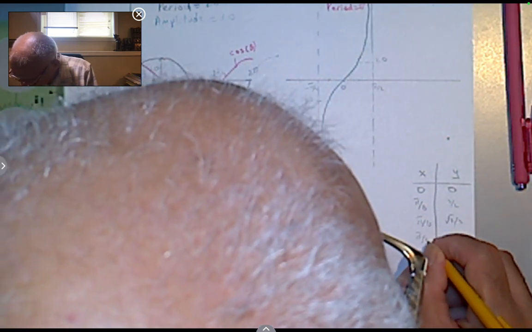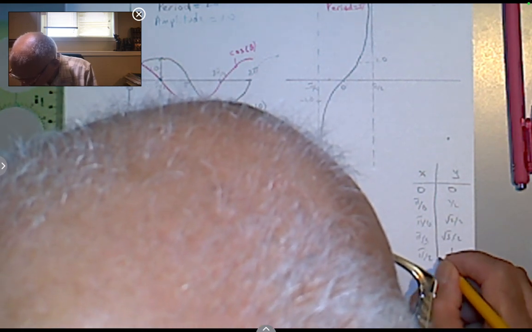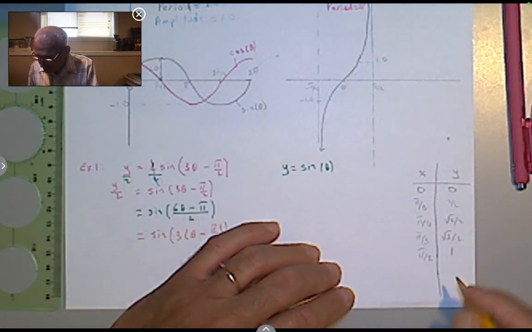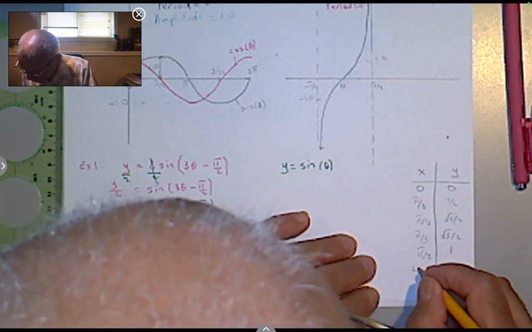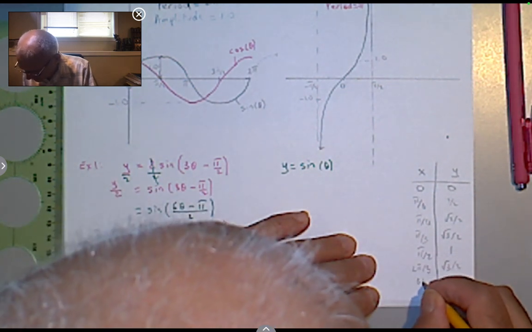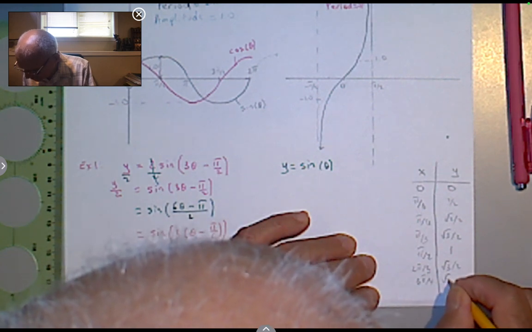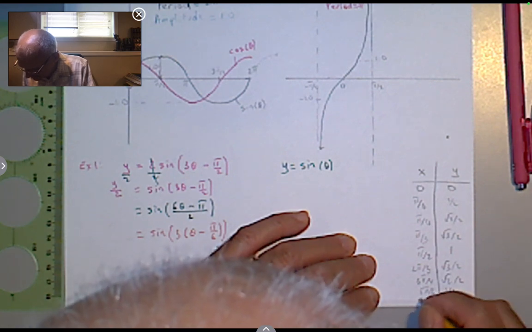If pi over 3, you get root 3 over 2. If it's pi over 2, you get 1. And then backwards: 2 pi over 3, you still get root 3 over 2. 3 pi over 4, you get root 2 over 2. 5 pi over 6, you get 1/2. And pi, you get 0.